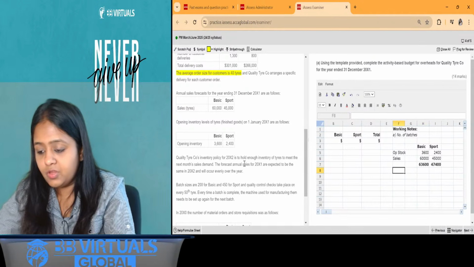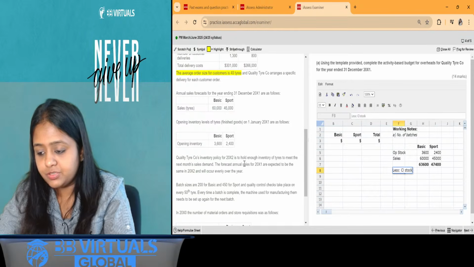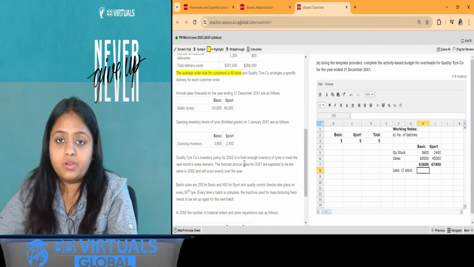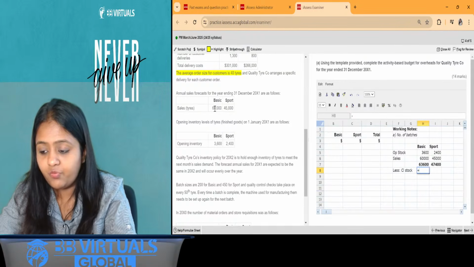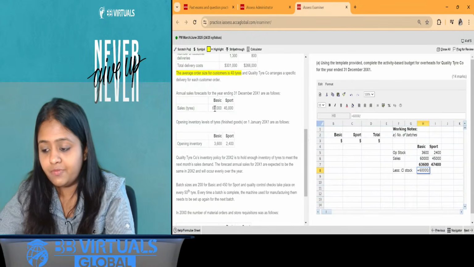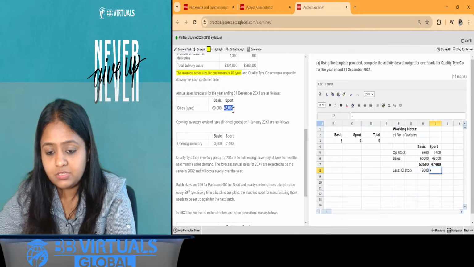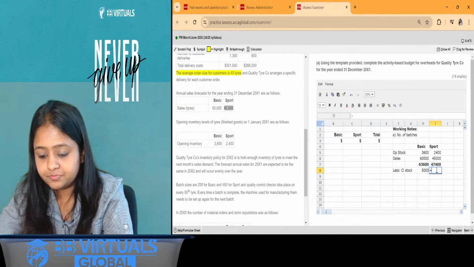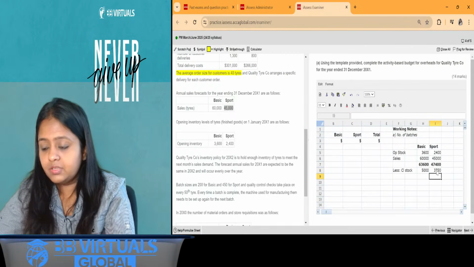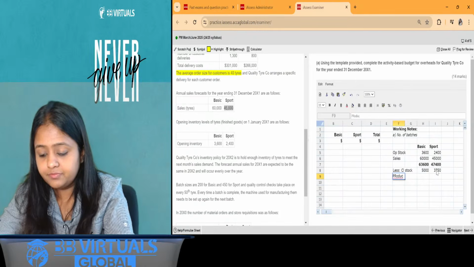Okay. Now we will reduce closing stock because then I will get my production. Right? Closing stock is how much? It is 1 month sale we have to keep in stock. So 60,000 is for the full year. So 1 month will be 60,000 divided by 12. Here 1 month will be 45,000 divided by 12. Now production.